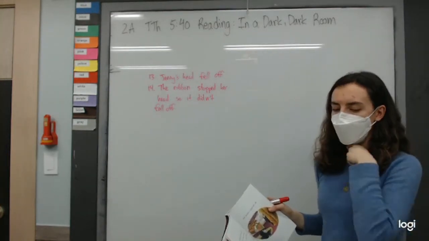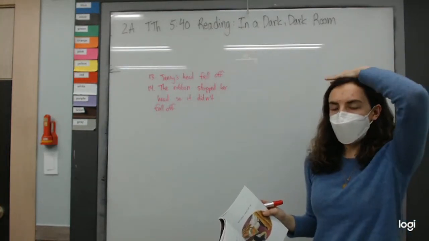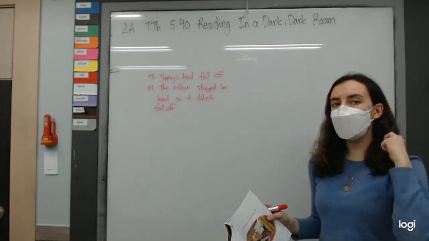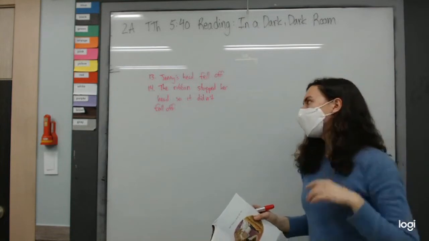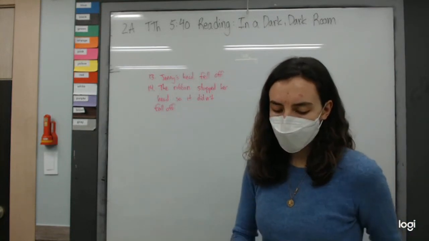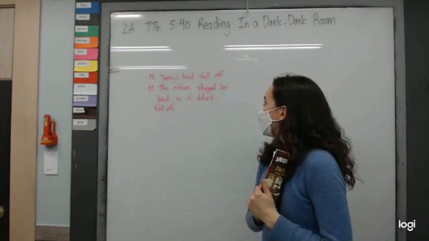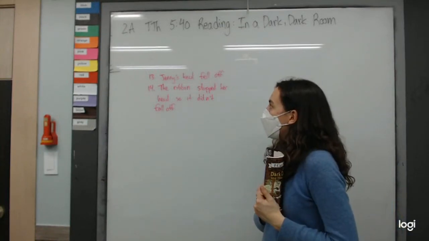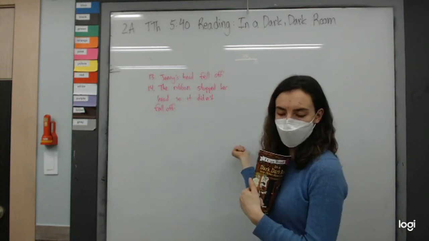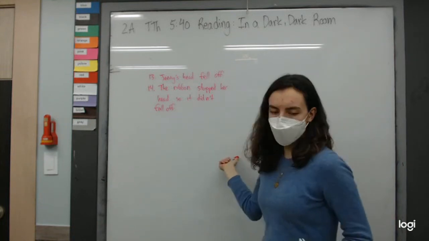So with the ribbon, Jenny's head is on her neck. With no ribbon, her head is going to fall off. It stopped the head, so it didn't fall off. Okay, great. So finish writing this down, and then we will move on to the next page in the reading workbook.